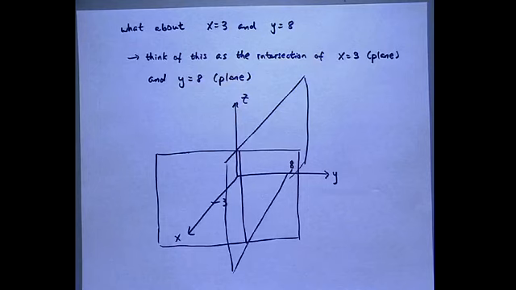The nice thing about the three-dimensional coordinate system is that most of what you know about two-dimensional coordinate systems translates to 3D very naturally. For example, the distance formula.